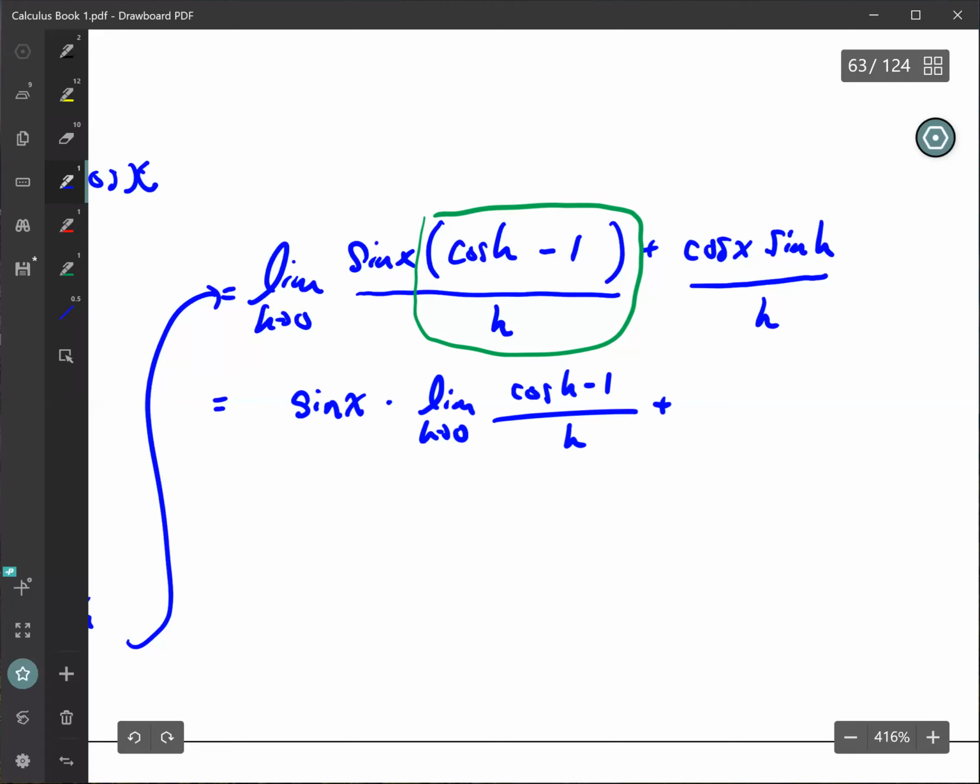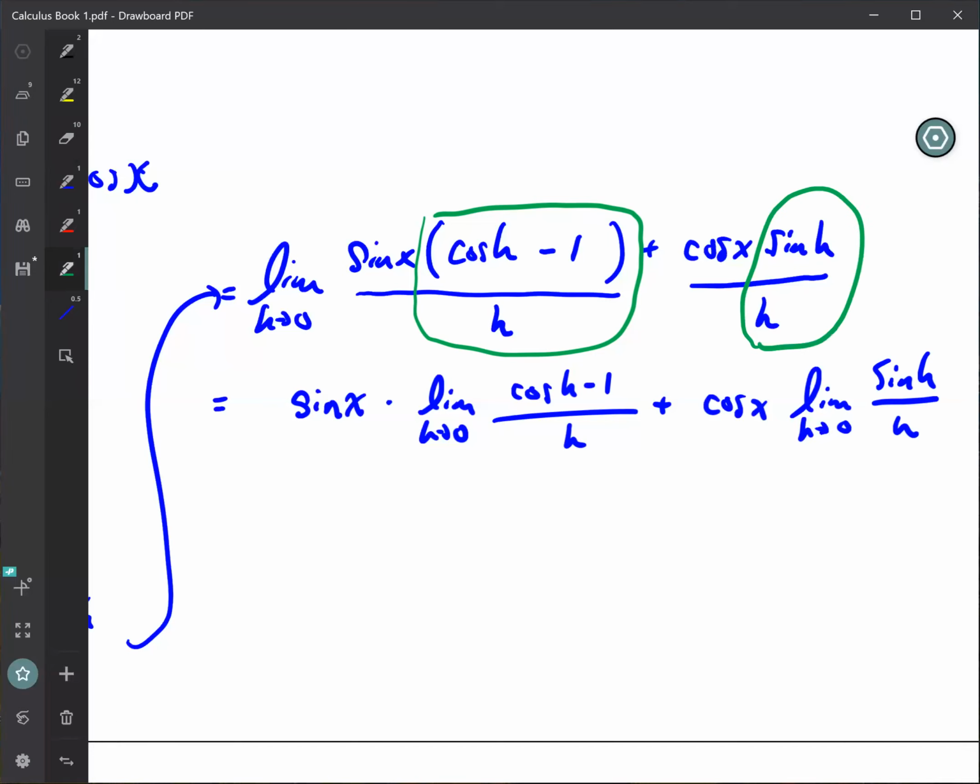Now same thing for the second limit. We can take the cosine x out, and the limit of sine h over h. So that's another identity over there. Okay, so what's the first part?